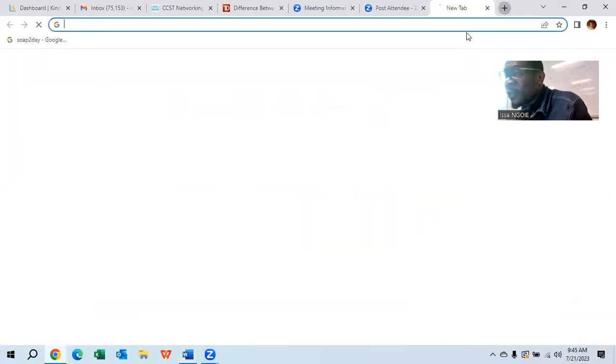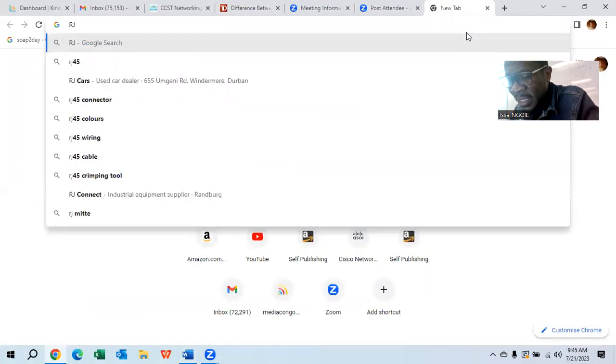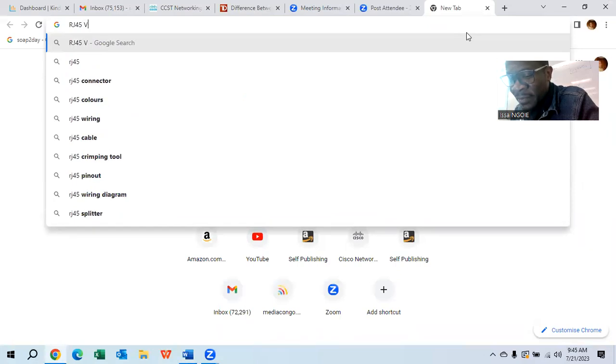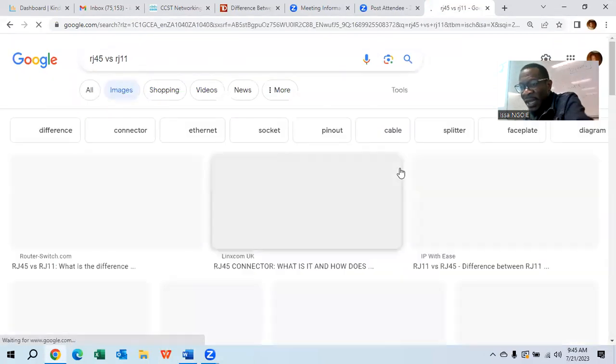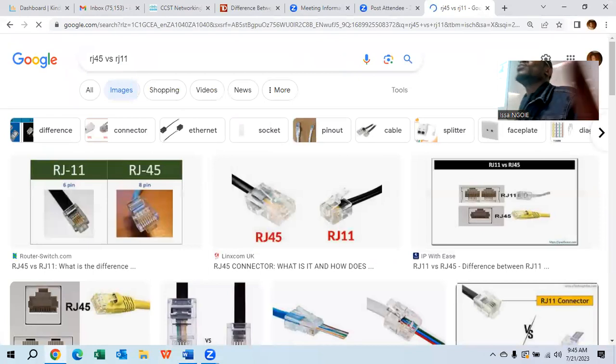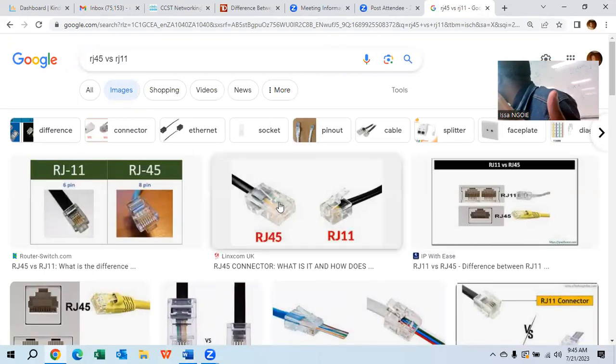Like here, you can just type RJ45 versus RJ11, suppose you wanna see how those look. You see, there are so many pictures that show you the way they look like. There's the RJ45 for Ethernet, for computers, for printers, and so on. And this one for telephone lines.